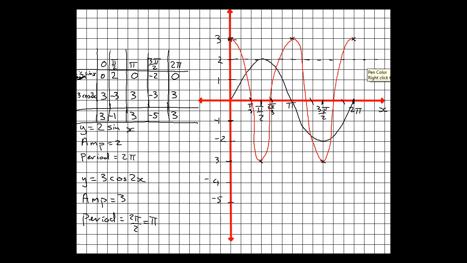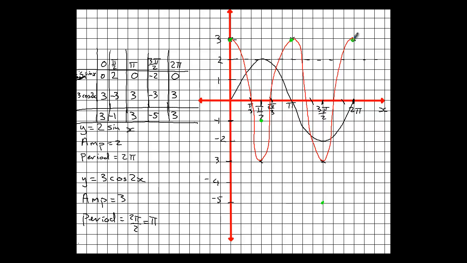So when it comes time to sketch this graph, when x is 0, I'm starting here at 3. When x is pi on 2, I'm going down to minus 1. When x is pi, I'm coming up to 3 again. When x is 3 pi on 2, down to minus 5. And when x is 2 pi, I'm back up here to 3.